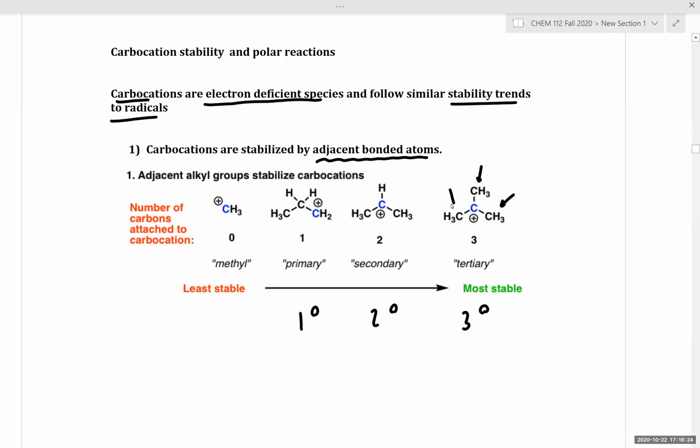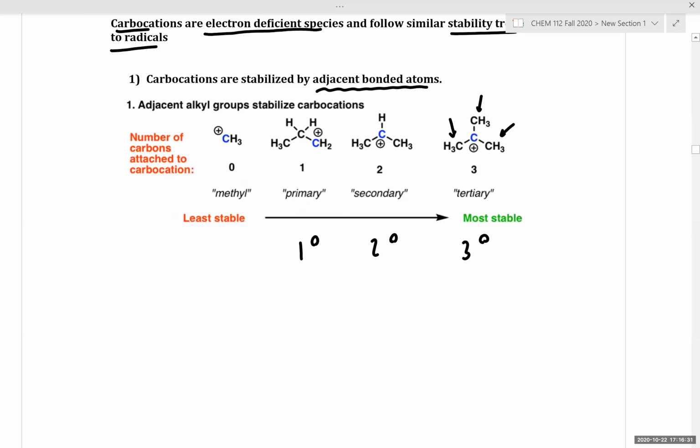Now, would anyone like to take a guess, or propose a reason for why increasing substitution results in a more stable carbocation? We can view a carbocation as a carbon containing an empty p orbital.